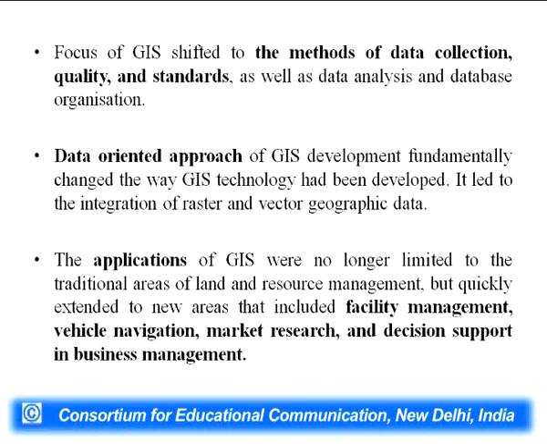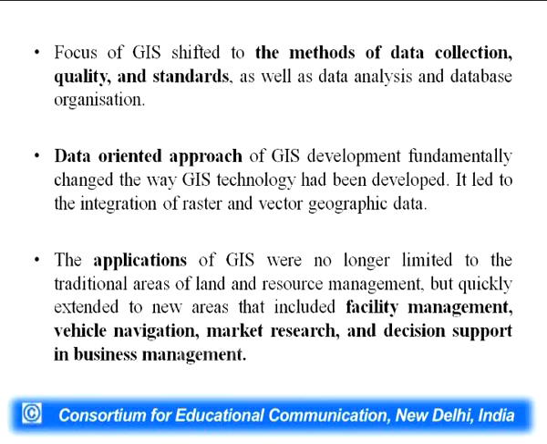So, the approach is shifting. The earlier approach was to digitize more and more maps, but now the focus is on better data collection techniques and quality and standard maintenance.